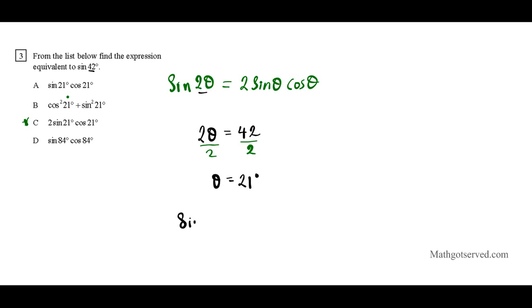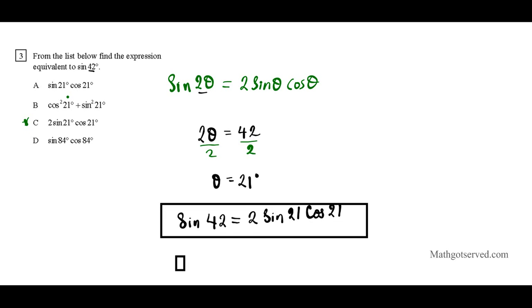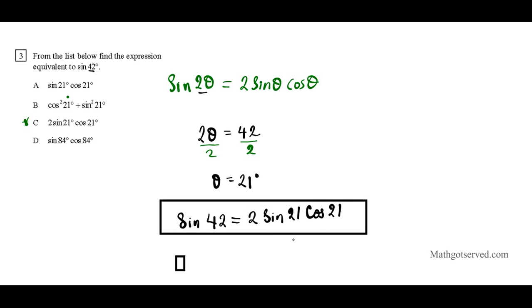So we have sine 42 is equal to 2 sine 21 cosine 21. And there goes your final result. So our correct answer for number 3 is option letter C.